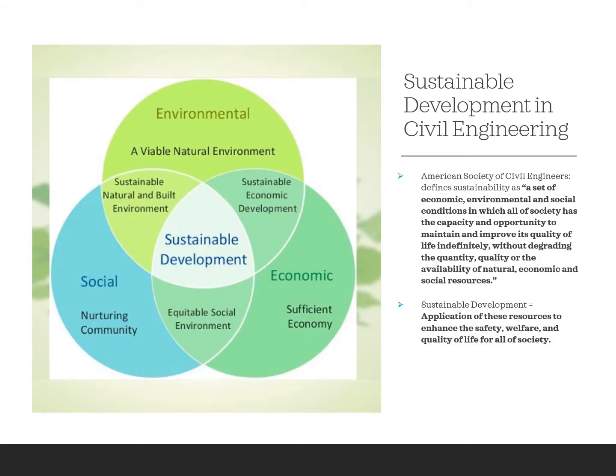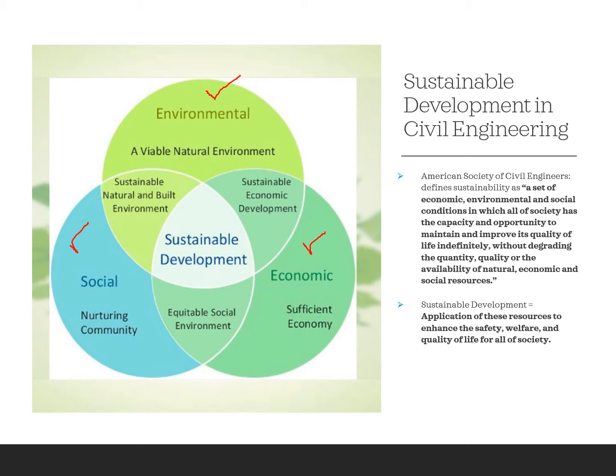Okay, so we can see the concept of sustainable development at the center. We have the environmental factor, economic factor, and also social factor, and then we become sustainable development.